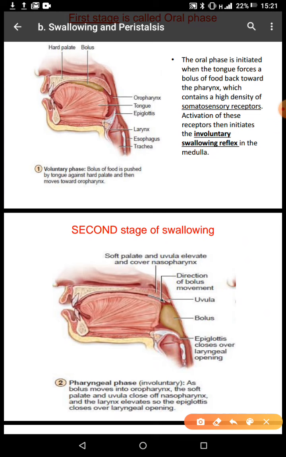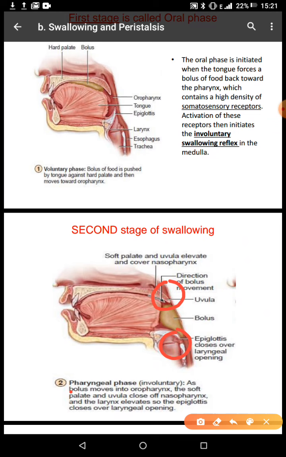The second stage is called the pharyngeal phase. It is involuntary. As the bolus moves into the oropharynx, the soft palate and the uvula close off the nasopharynx. Here they have to close. We don't want the food to go into the nasal cavities. At the same time, the epiglottis closes over the laryngeal opening. We don't want food to enter into the trachea.